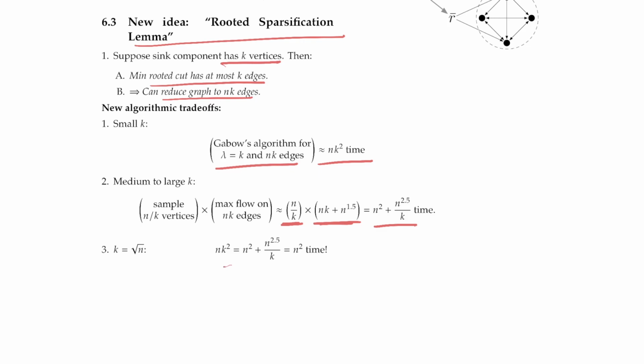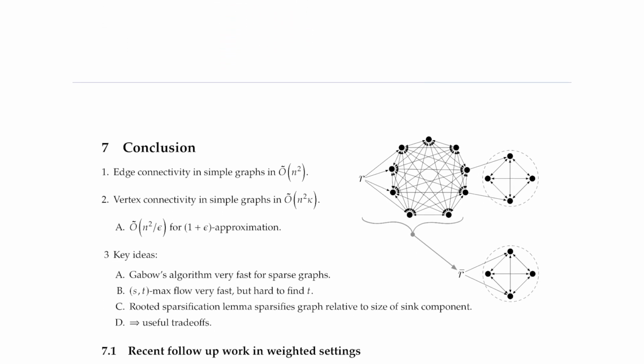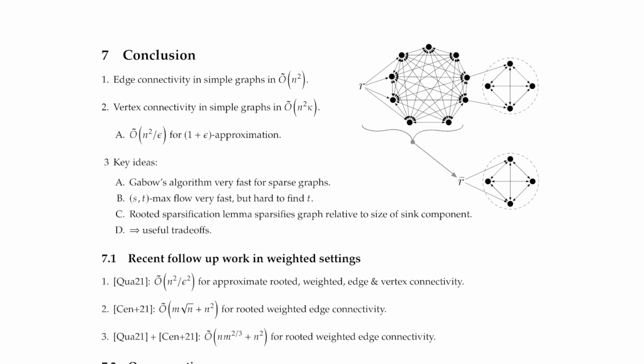Okay? Balancing terms, we get the n squared running time that I claimed. Okay, so that brings me to the conclusion. We get an n squared algorithm for edge connectivity. We get n squared times the value of the connectivity, so n squared kappa for vertex connectivity.